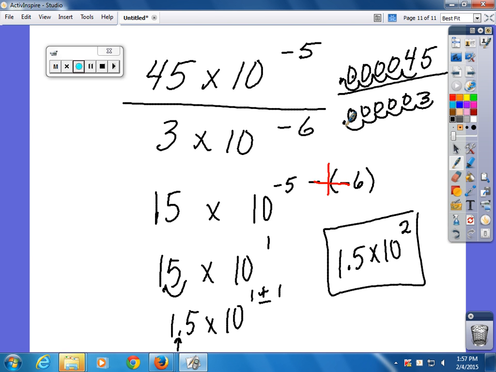You took 45 millionths and you divided it by 3 millionths in your head, and you got 15, or 150.